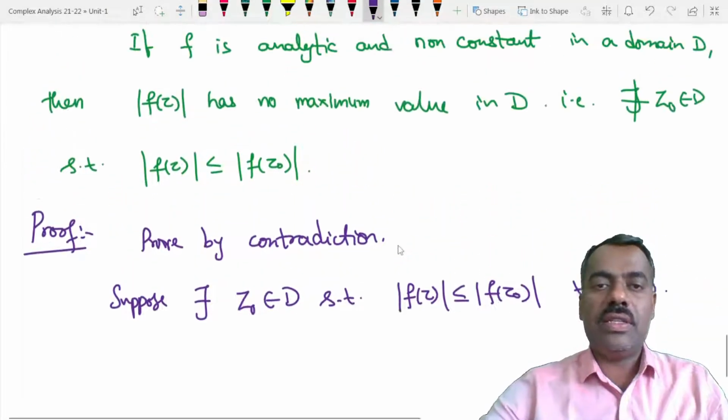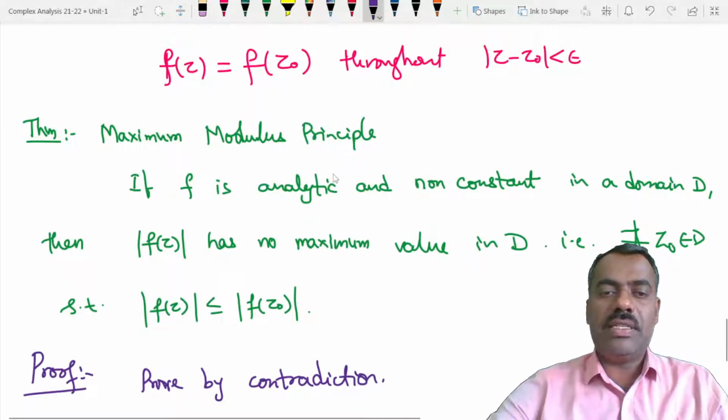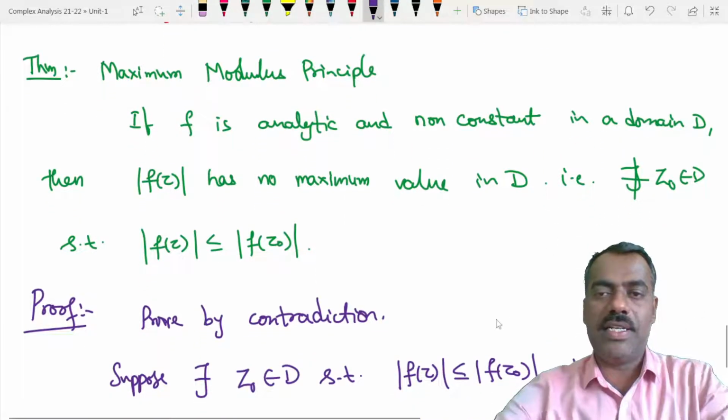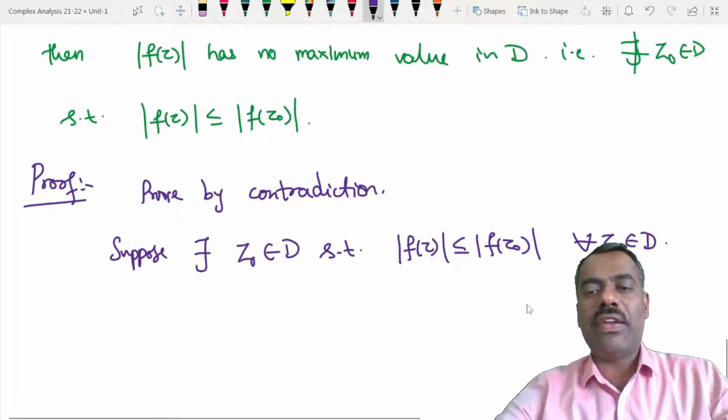Because f is analytic, we will try to prove that f is constant by using the previous result. That is the idea.